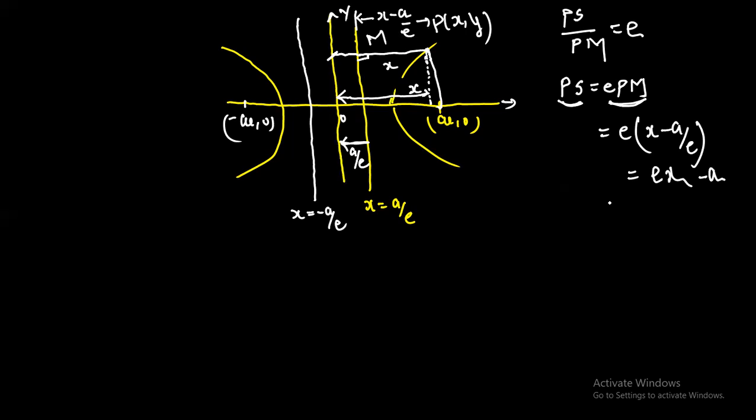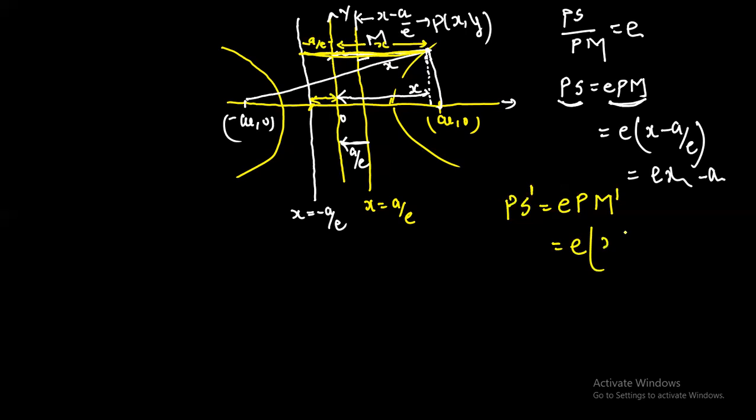Now calculate the distance from the other focus, using the other directrix and e times. Now this whole distance becomes x, and this distance is a by e. So PS dash is e times PM dash: x plus a by e gives ex plus a.